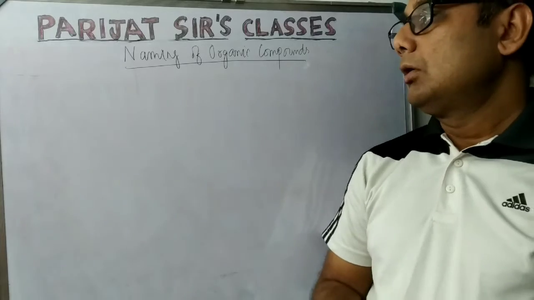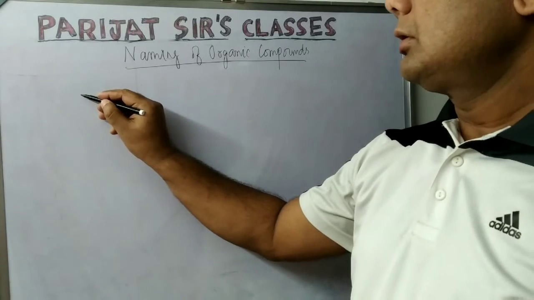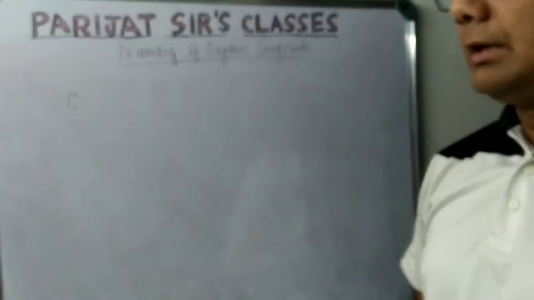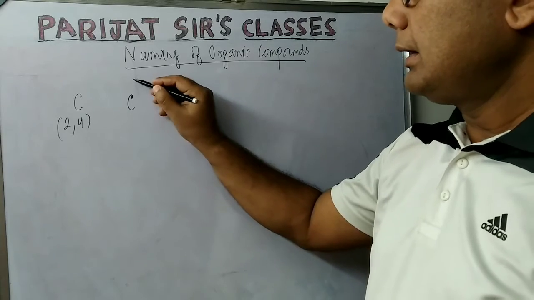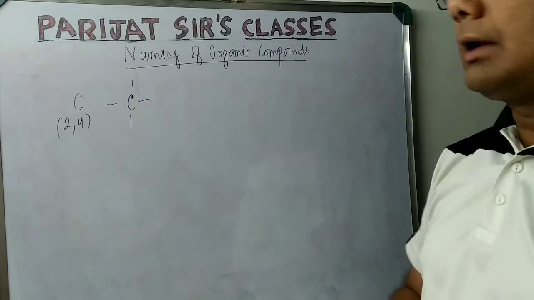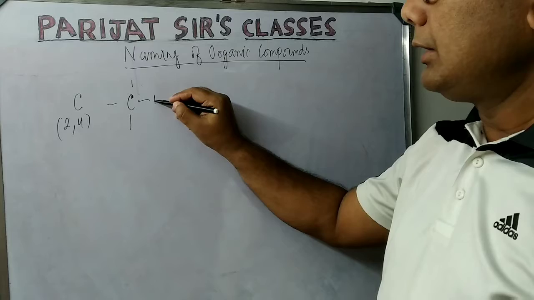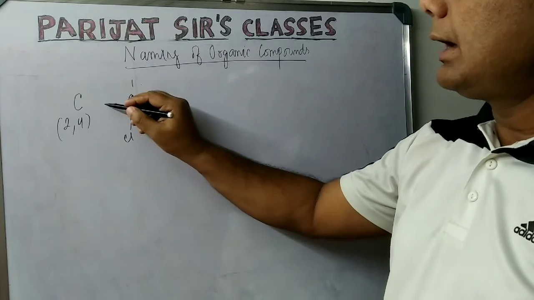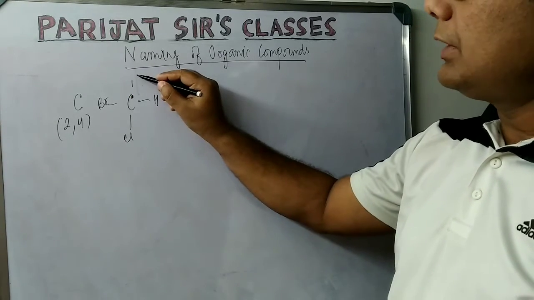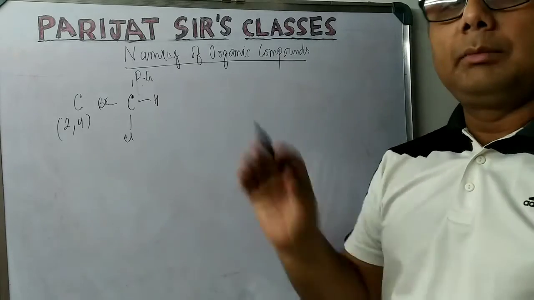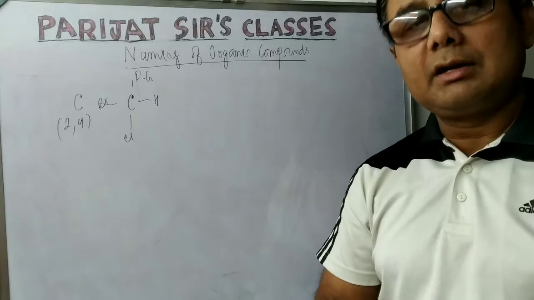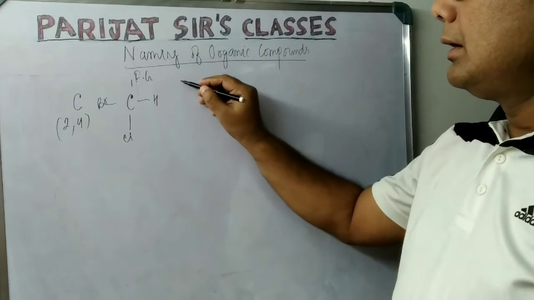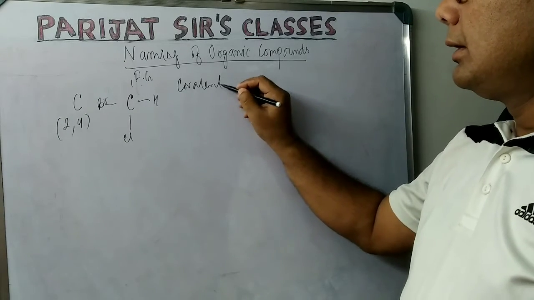Let's start. We know that carbon has atomic number 6. That means if I do the electronic configuration, it is 2, 4. That means carbon can attach at a time with 4 other elements. Those elements can be hydrogen, chlorine, bromine, or any functional group. Carbon has 4 electrons in the last shell, and that's why carbon does covalent bonding.